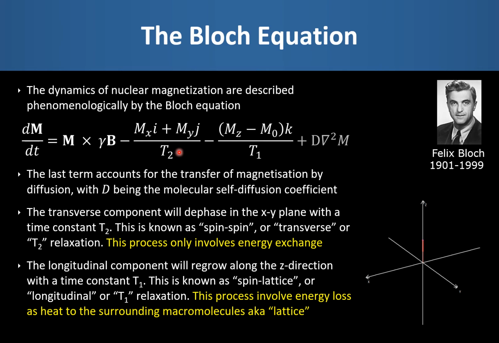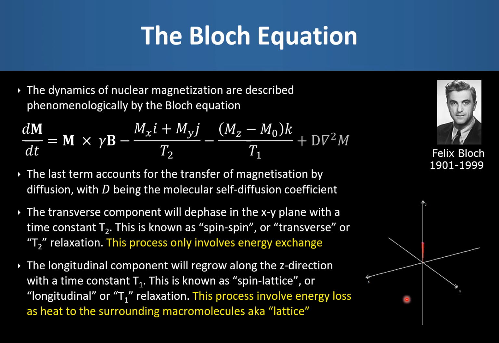T1 and T2 were defined phenomenologically and not from fundamental principles, although Bloch did correctly conclude that T1 must result from thermal motion and T2 from intra and internuclear interactions. Note that in contrast to longitudinal decay, transverse decay conserves energy.